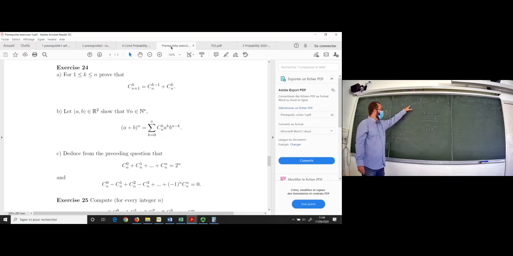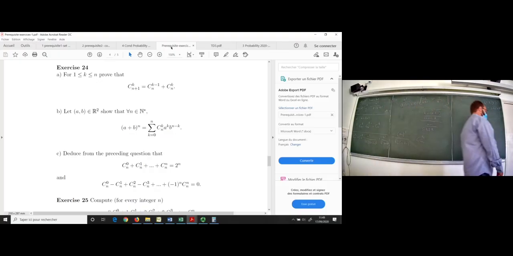And if I have (n-k) factorial multiplied by (n-k+1), I have (n-k+1) factorial. And why is it finished? Because according to my definition, you have exactly C(n+1, k). So I use the definition, compute a little, and I obtain what I want. Nothing complicated after. Have you tried to do this during the holidays? Everybody?